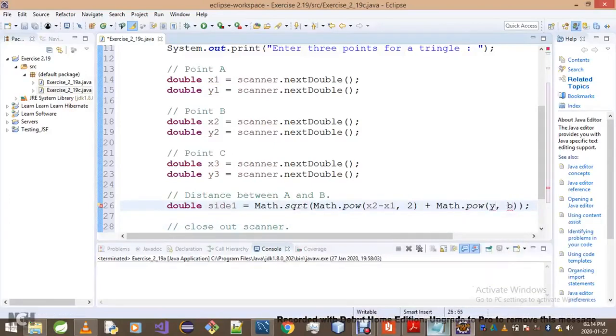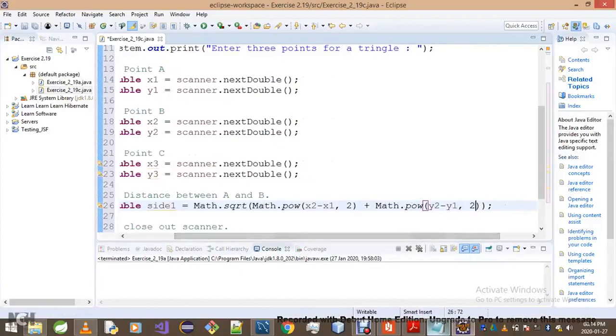We go y2 minus y1, and then put a 2 as an exponent. Of course, you guys, we could have replaced this part by simply y2 minus y1 multiplied by y2 minus y1.